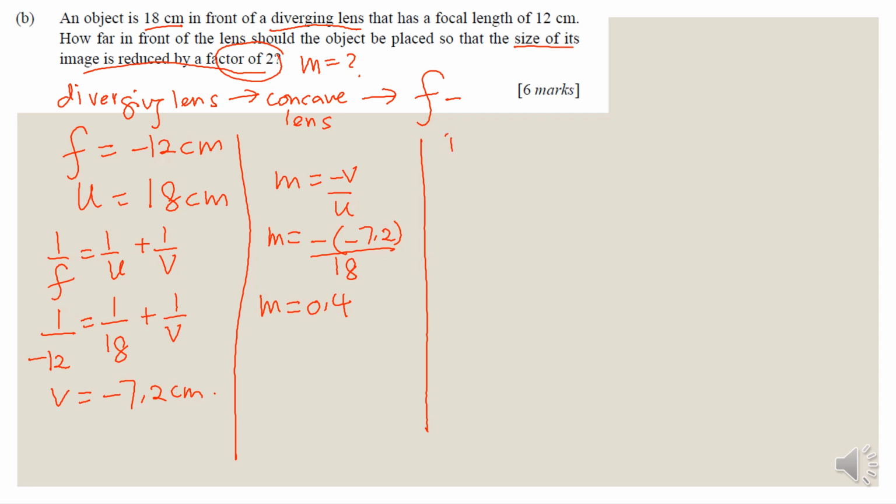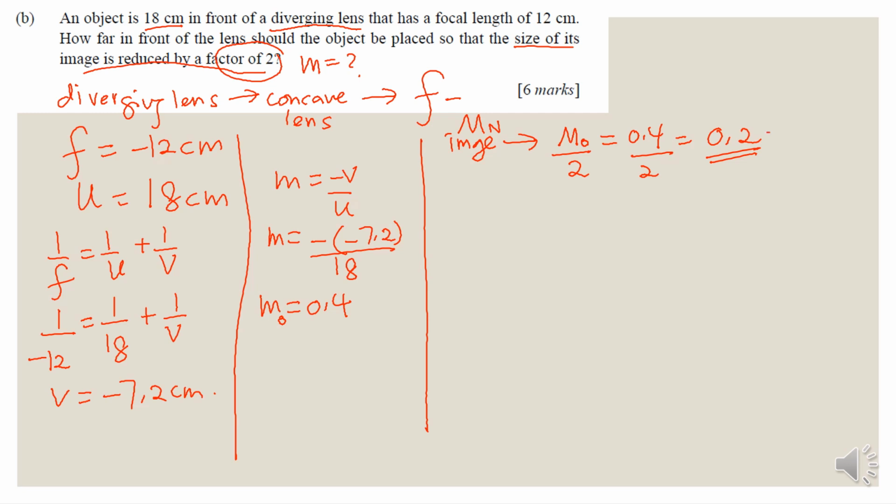Image yang baru adalah M dia bahagi 2. Okay, so 0.4 bahagi 2 awak akan dapat M yang baru, M new. Okay, bahagi 2. So, M new kita adalah 0.2.